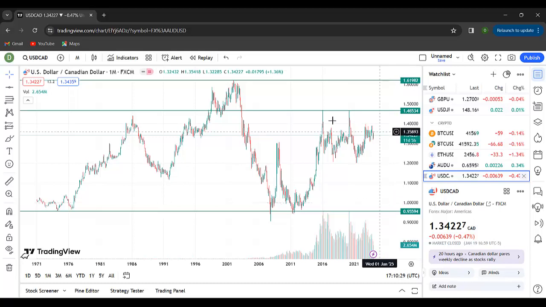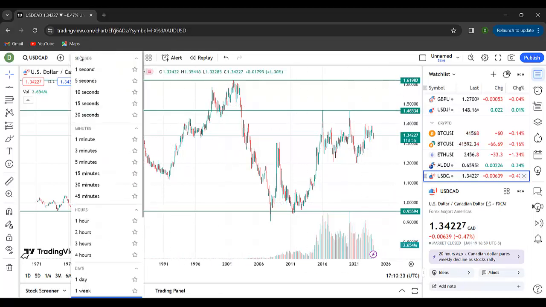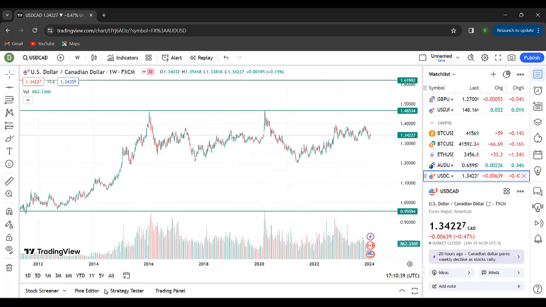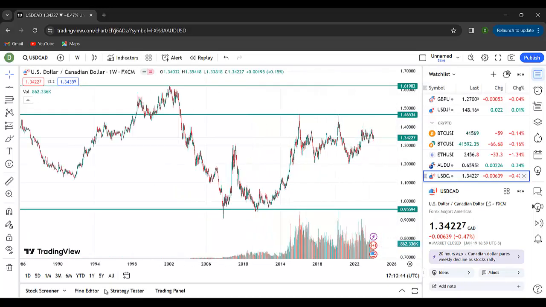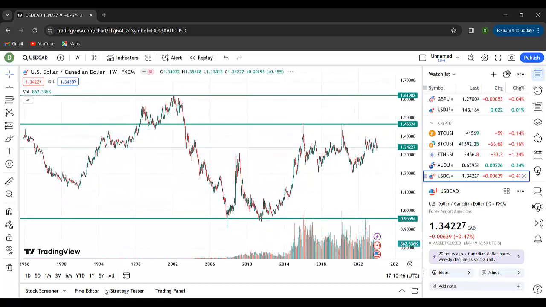Well, let's see if we have more details on the weekly time frame, to confirm what we've just seen. So on the weekly time frame, what do we see?